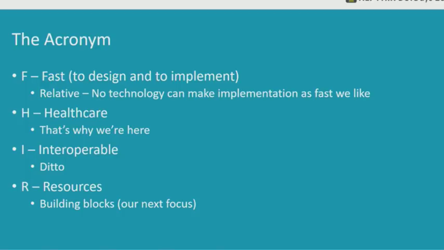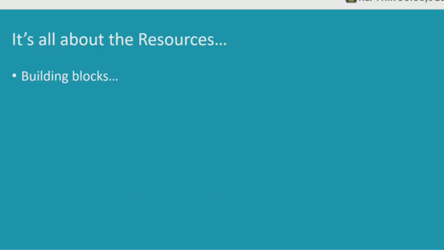So let's take a look at what resources are in terms of the FHIR specification. Everything in FHIR revolves around this idea of resources, the data by which we're going to exchange that information. The building blocks represent basically the puzzle pieces that we're trying to put together. So we might have something like a diagnostic report. The diagnostic report doesn't live by itself, though.